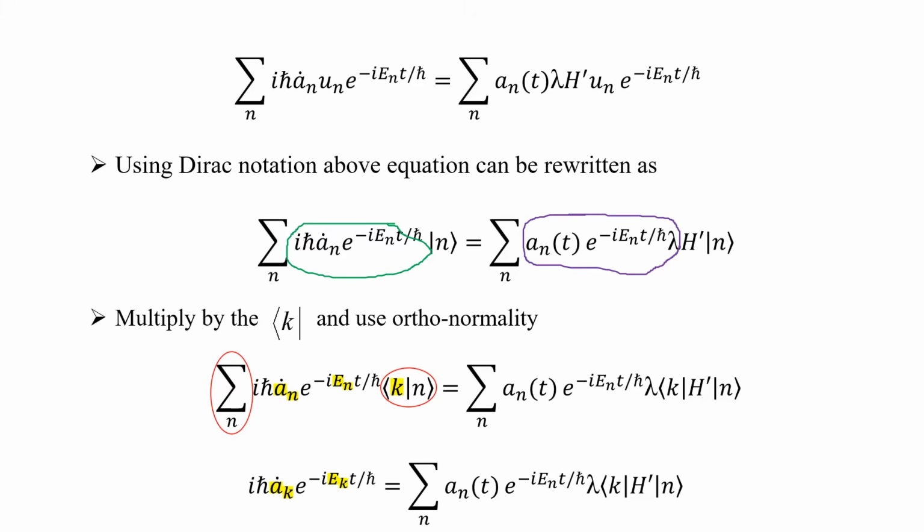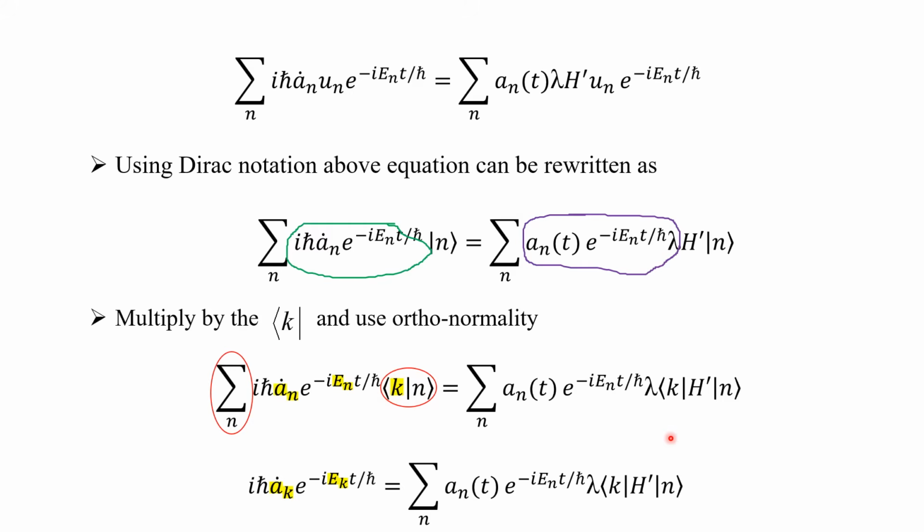Now you multiply this by bra k and use the orthonormality property. As I said, since it is a number, which I have shown in the green color, you can take it out. So you can take the inner product of k with n here.